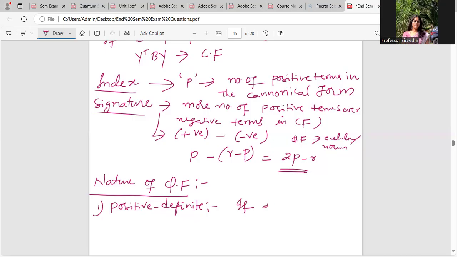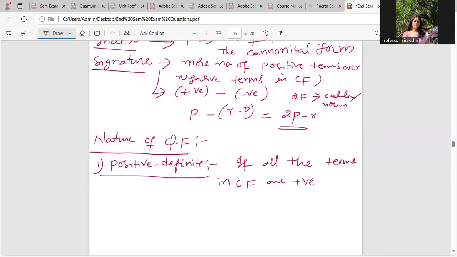Positive definite is what? If all the terms in canonical form, not quadratic form, guys, are positive, then you will say the quadratic form is positive definite in nature. We don't say anything directly, only after reducing to canonical form. Okay?